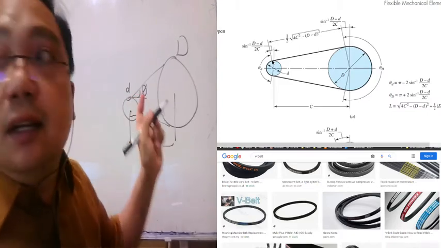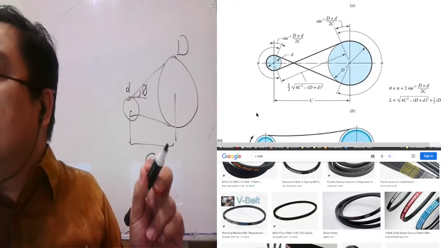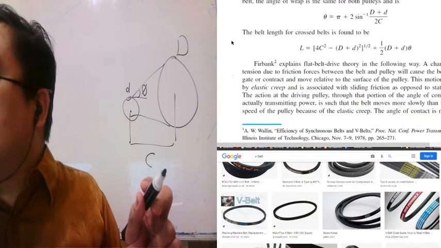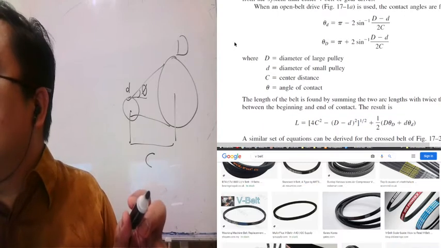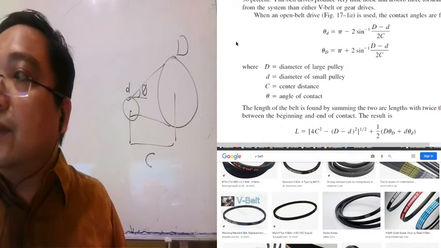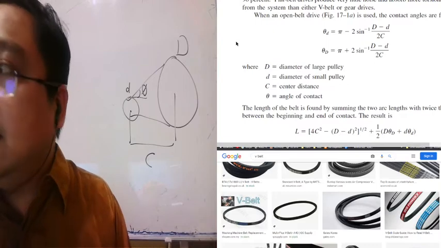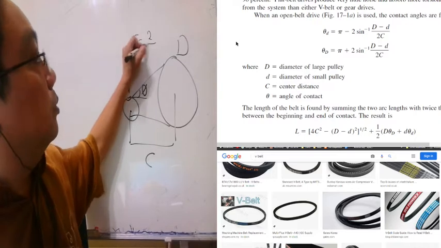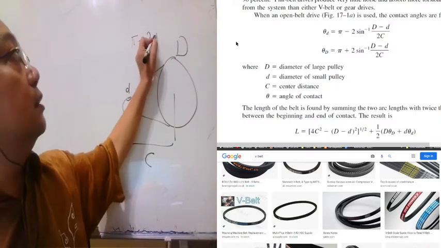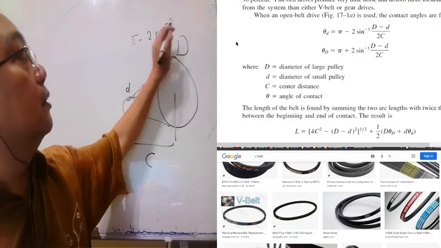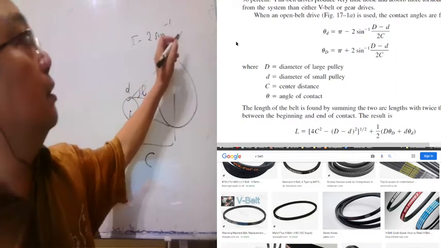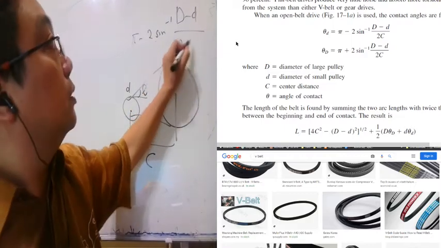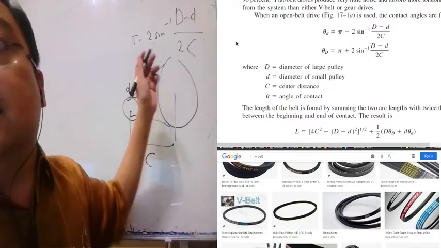So the equation for the angle of contact theta D equals pi minus 2 sin to the power negative 1 of (D minus d) over 2C. This is the equation.